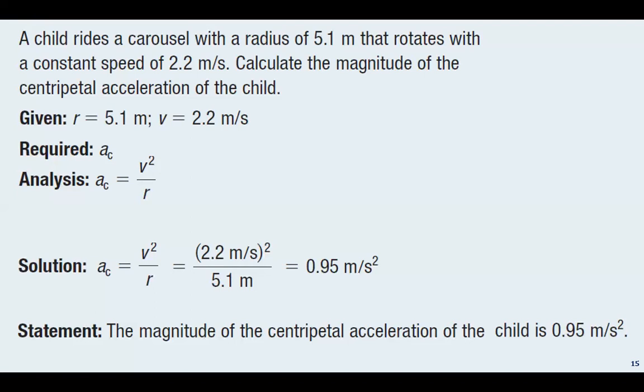So the magnitude of the centripetal acceleration AC equals 0.95 meters per square second. So we know the magnitude of the centripetal acceleration of the child is 0.95 meters per square second.